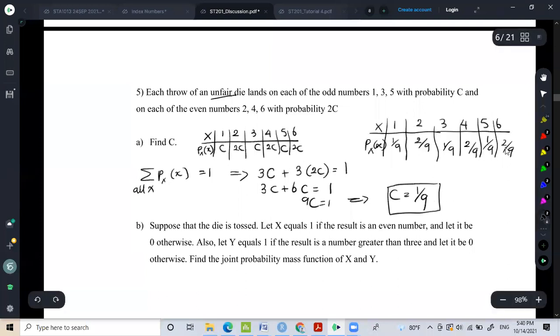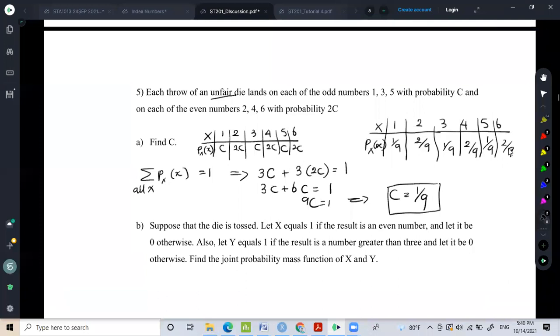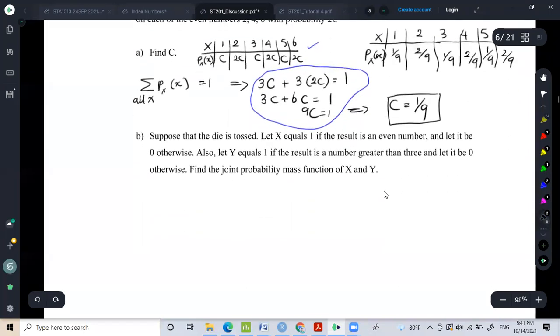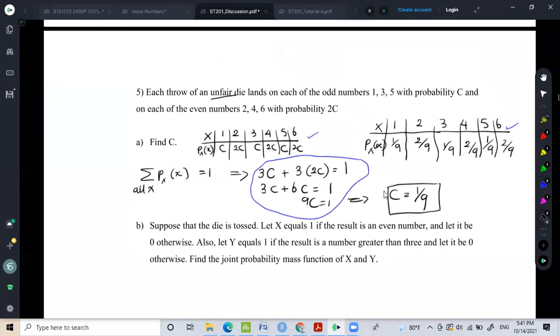You don't have to write down these tables if you can clearly figure out this equation. If you can figure out this connection, that's it. These are just extra information, but if you want, you can note them down also. Right, so that's part A. Now is this clear to all of you? How to find C?